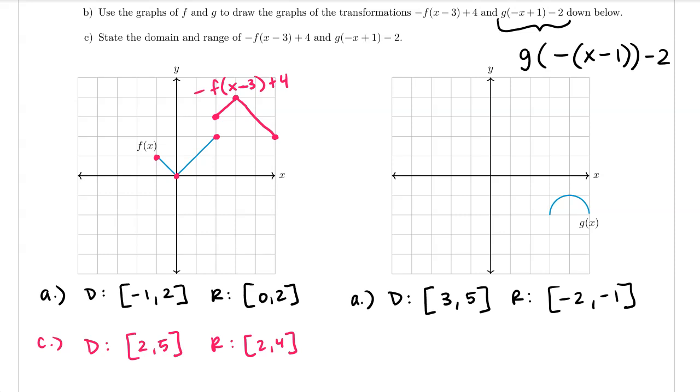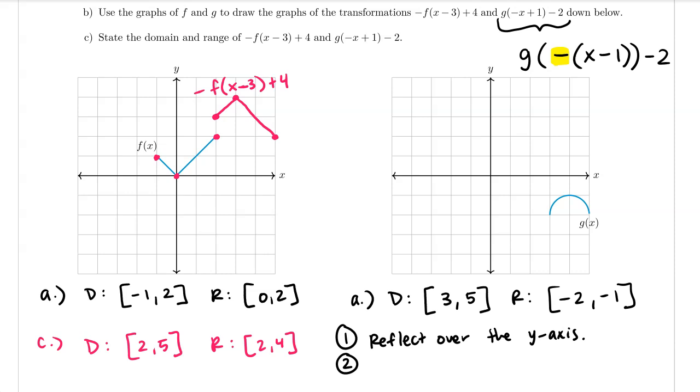So now I'm going to go ahead and write out the transformations that would take place in words. So the first thing is we're going to deal with this negative 1 or this minus sign. That is going to have us reflect over the y-axis. And so maybe I'll label that as step 1.